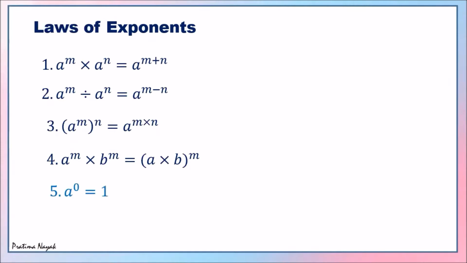And most important is, any rational number with power 0 will be 1. Any rational number a with a negative power -1 is equal to its reciprocal, 1 upon a.